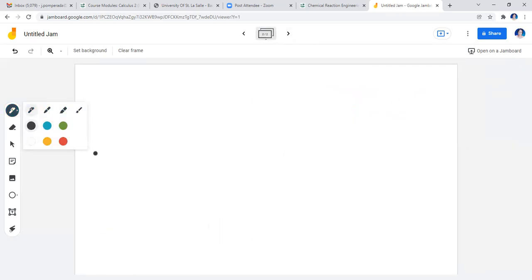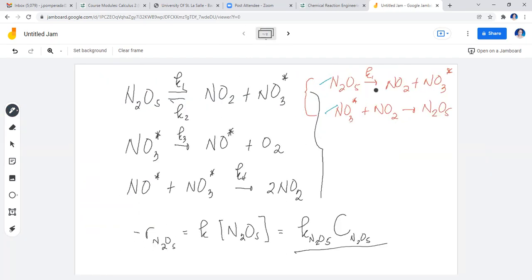We're going to write the rate of reaction of dinitrogen pentoxide is equal to, I have written it here as negative, meaning when I write this net rate equation, I'm looking at dinitrogen pentoxide as a reacting species. So in this particular reaction here, your dinitrogen pentoxide is a reacting species, so we don't have any problem.